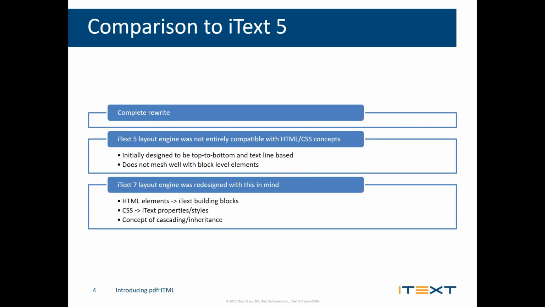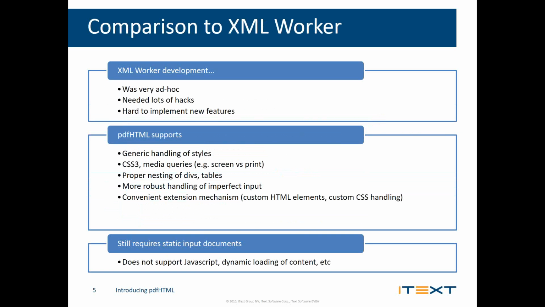And of course, the concept of cascading, which is very important in CSS, has been improved a lot, because in iText 5 it was hard to do attribute inheritance, so that was totally re-implemented.